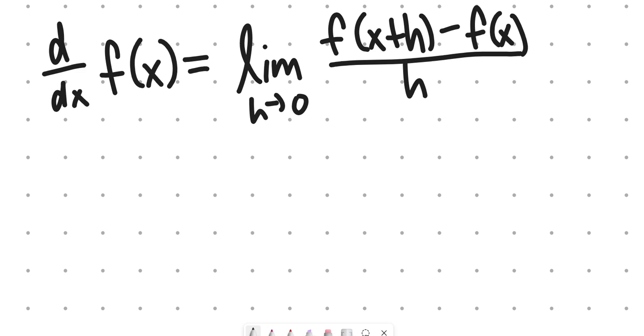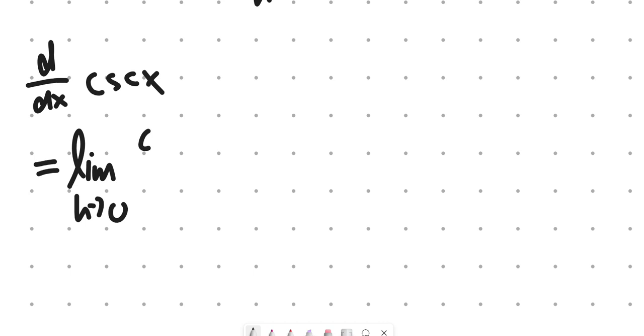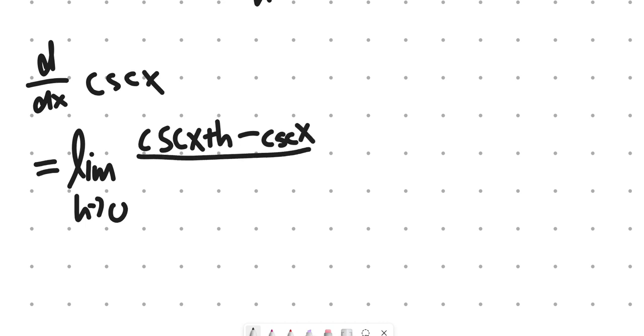So the derivative of cosecant of x is equal to the limit as h approaches 0 of cosecant of x plus h minus cosecant x, all over h.